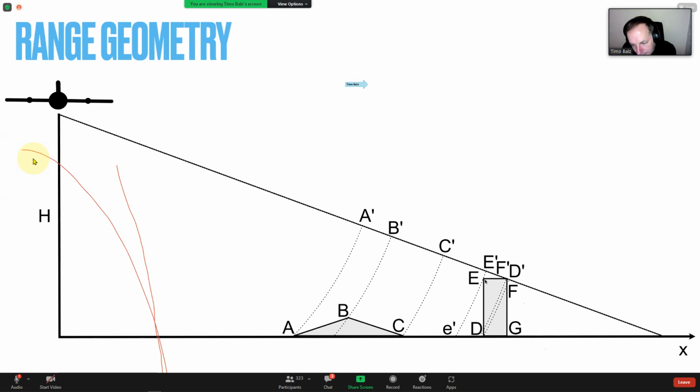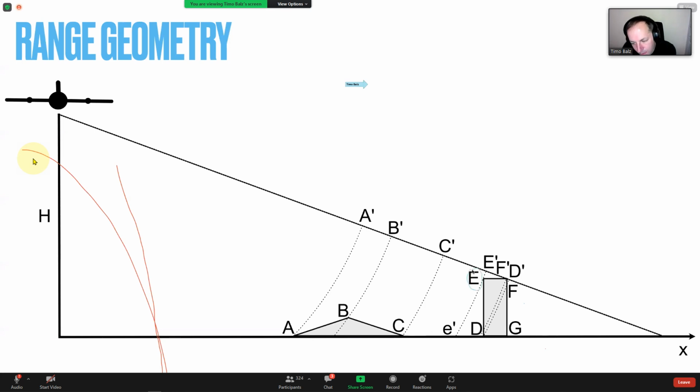Now E, that point on top of the building, is closer to the sensor. So E dash will be in the SAR image before D dash. So the point is even before, and even point F, which on the ground is behind the D, is also imaged before D in the SAR image.